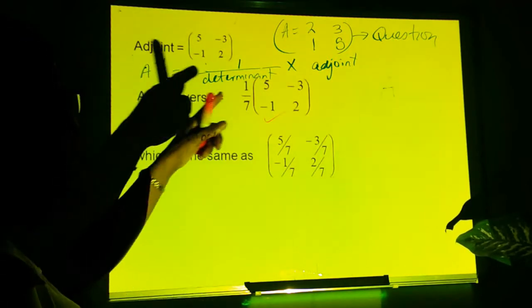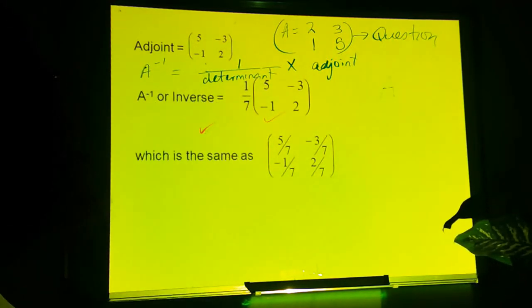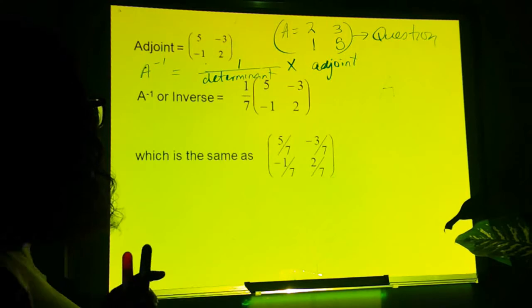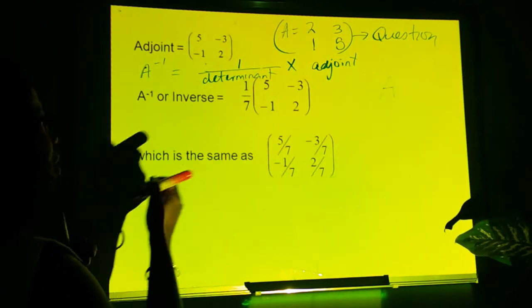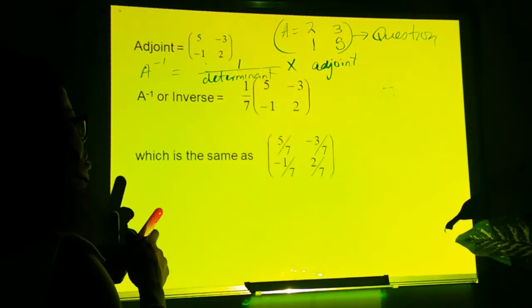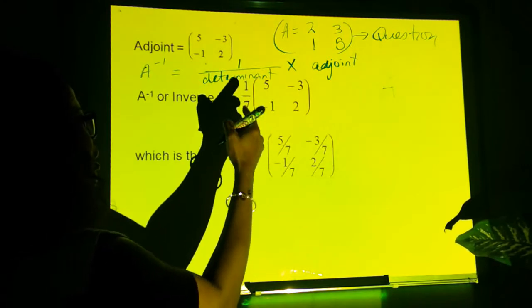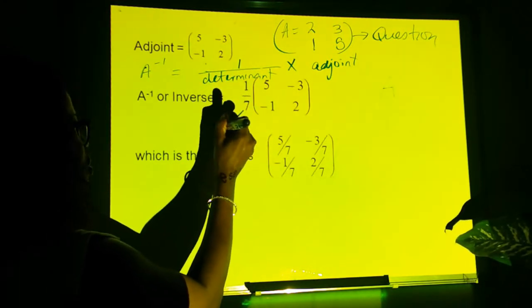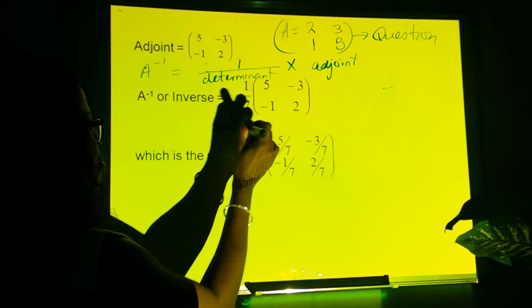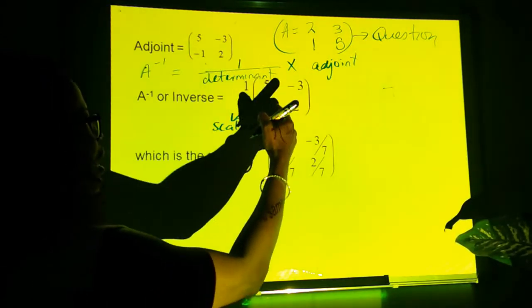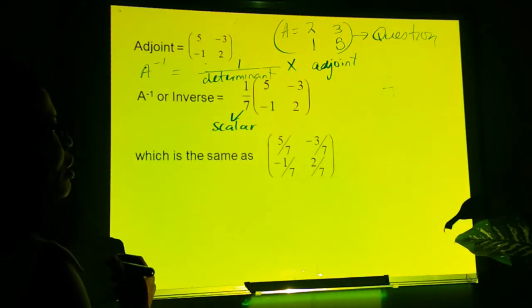And if you want to show your answer as a fraction, then basically what this means is that 1 over 7 is now a scalar, and we are multiplying that scalar by every element inside the bracket.